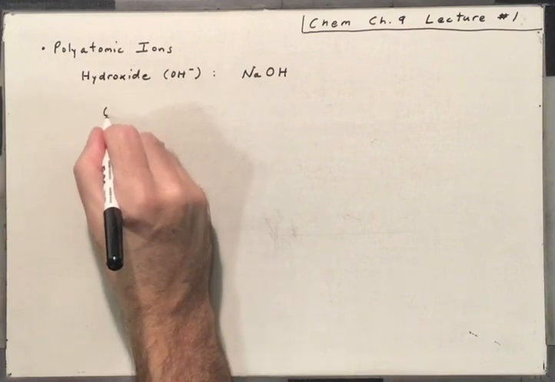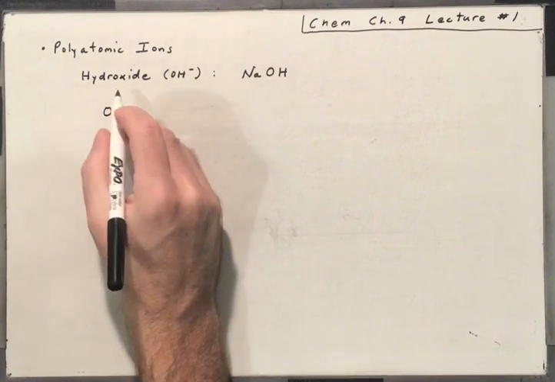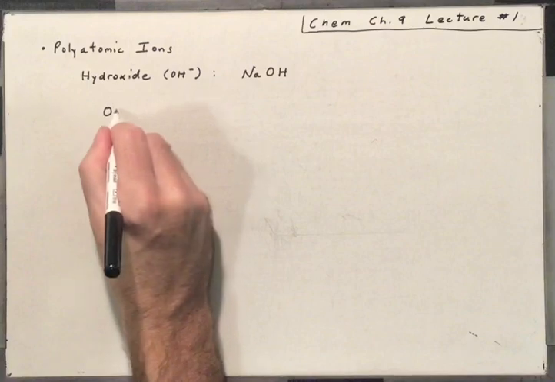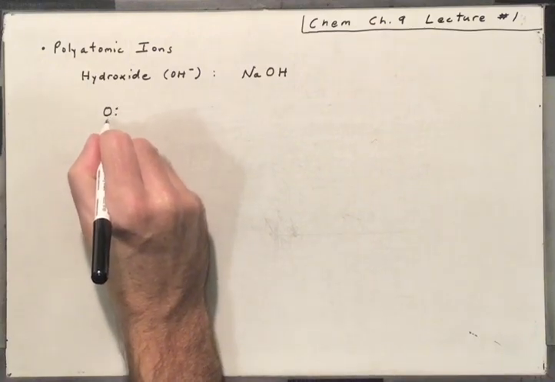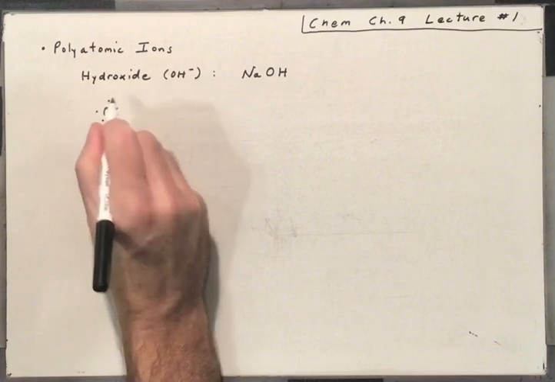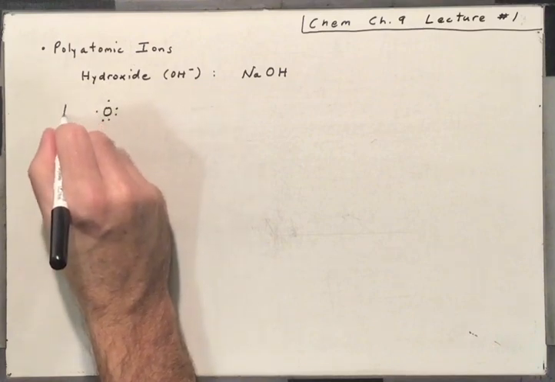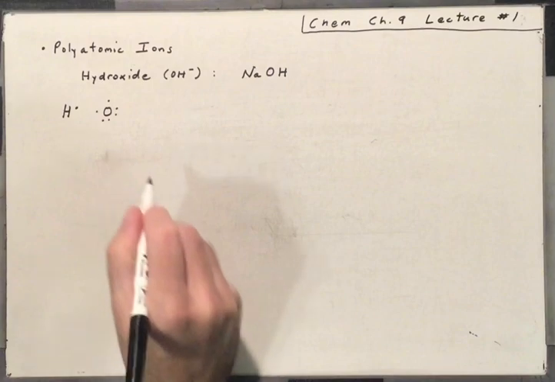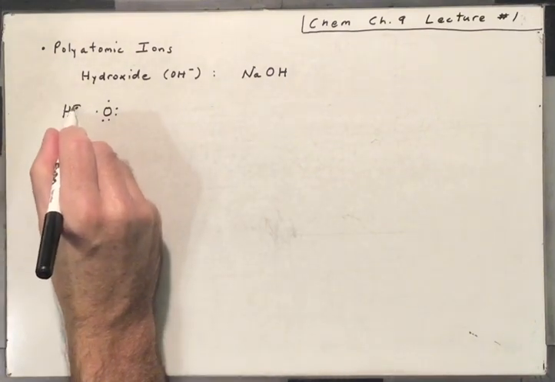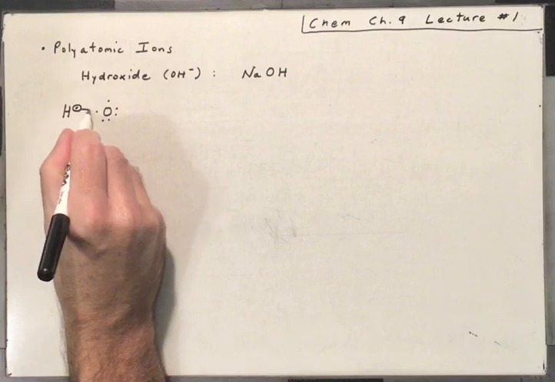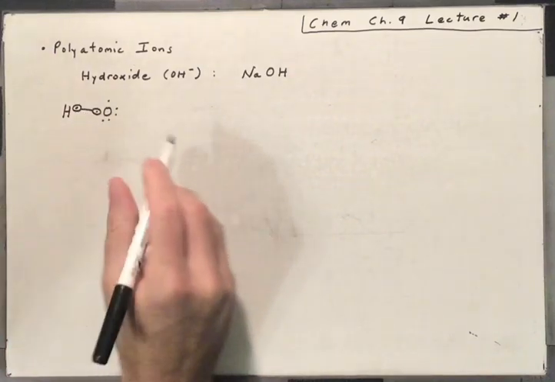So we have an oxygen, and let's draw the Lewis structure of that. It is in column 6 on your periodic table, right? So it'd be like that. And then hydrogen in column 1 would be like that. So hydrogen can form a covalent bond with that oxygen.